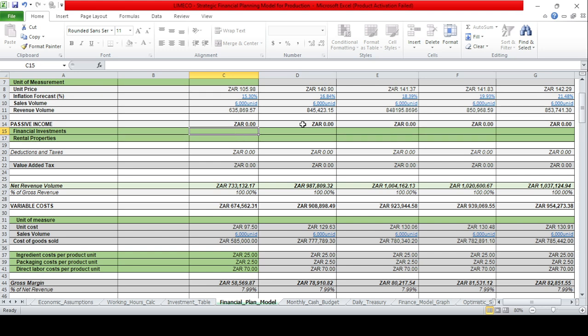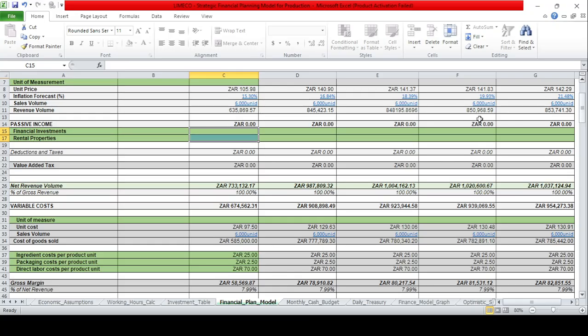Financial investment. If we have financial investment, it's good to help pay expenses. You can put here 1,000 rand financial investment. The income 1,000, rental property 6,000, but we will not use it for a while.